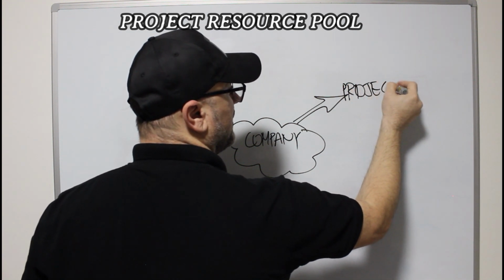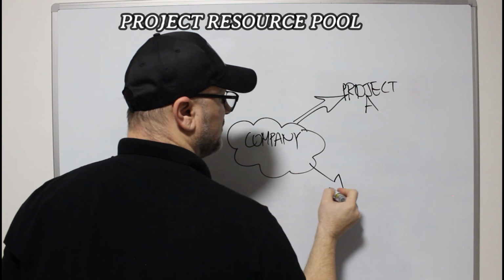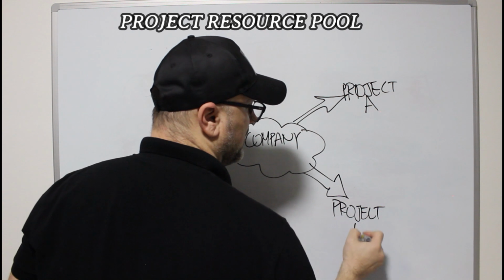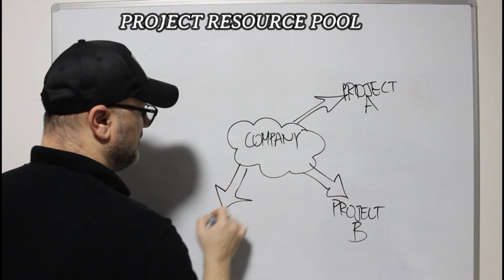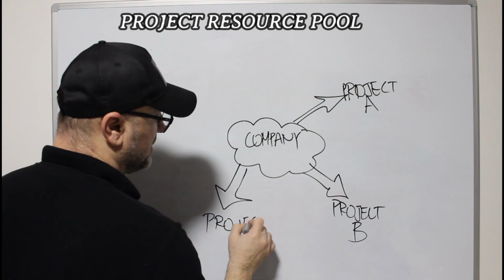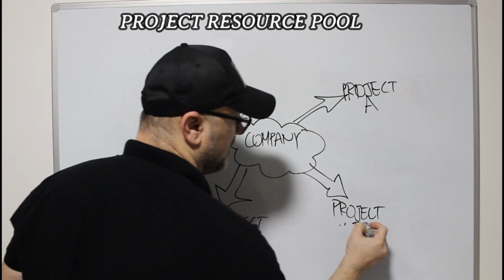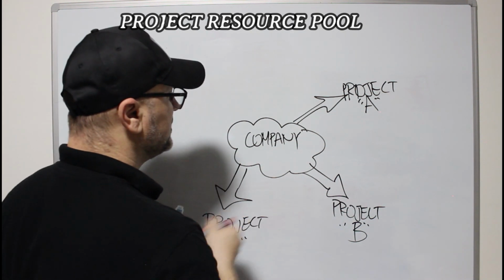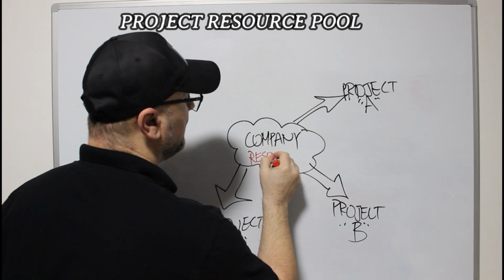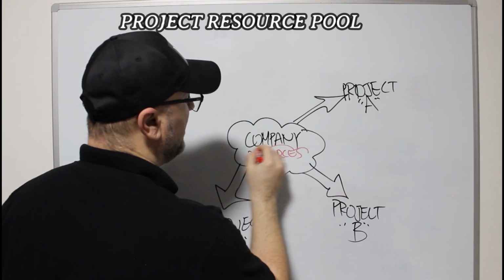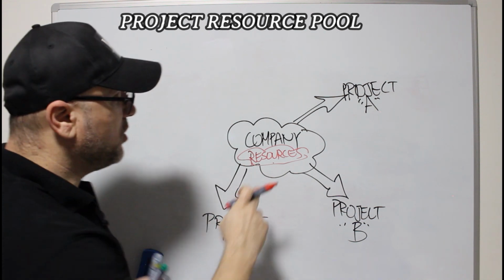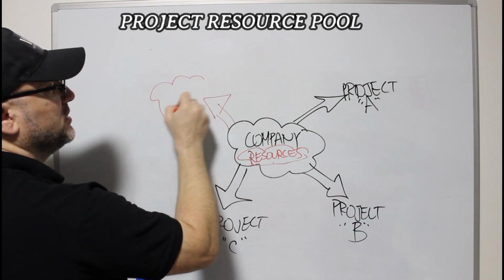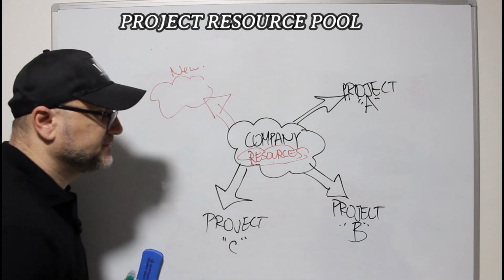Project A, you have project B, and you have, let's say, project C. Okay, you have three projects, and you have your resources available here in the company. Only the free resources can be allocated to a new project.